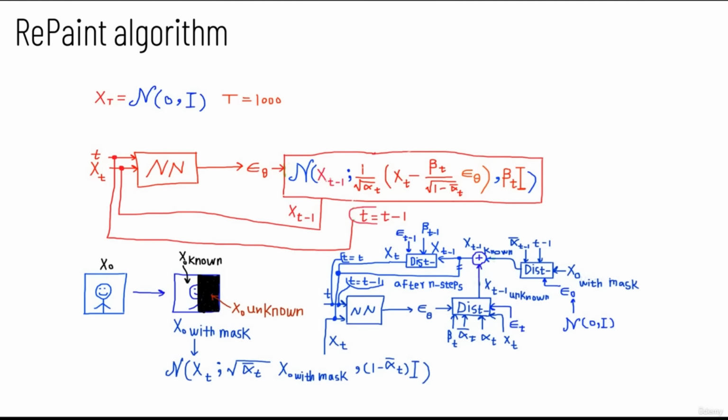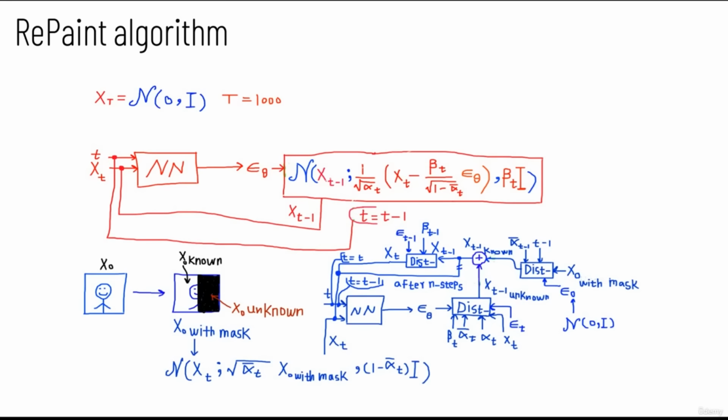Because they found that by doing this, we will make sure that the semantic information in our unknown part will match the semantic information in our known part in our x0 variable.